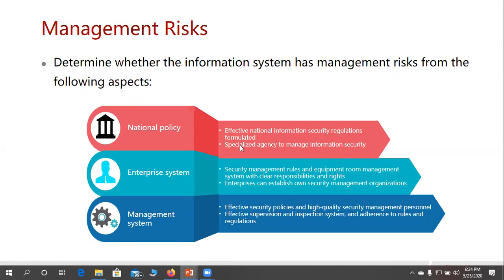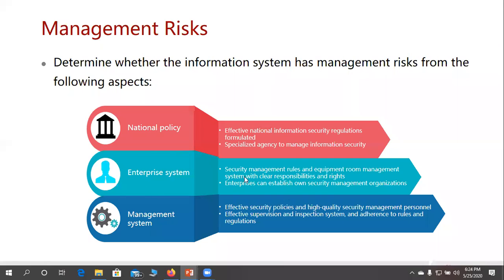These regulators have auditors who visit your institution to check whether you are following their regulations.